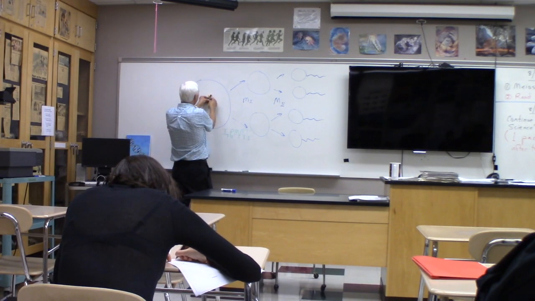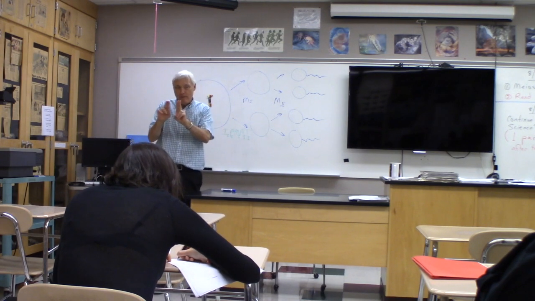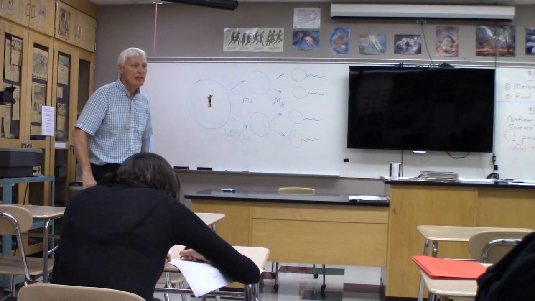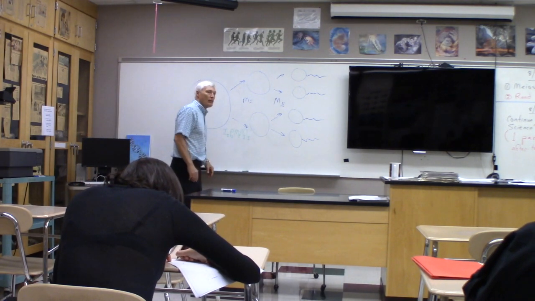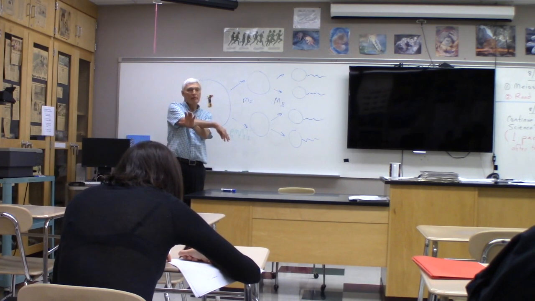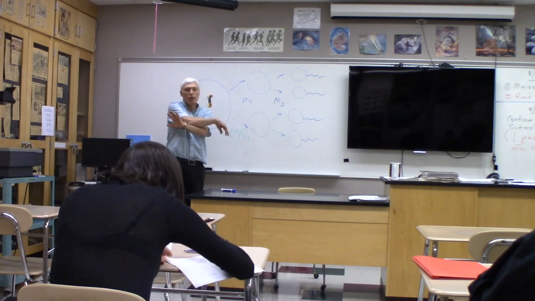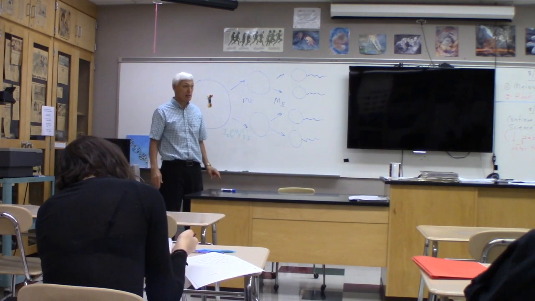Now, before those chromosomes that are snuggling together pull apart, they do something really interesting here. They cross over and they swap segments of one another. They exchange segments of each other. They swap genes.